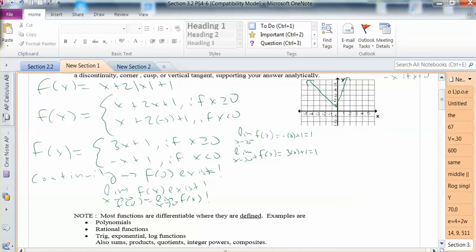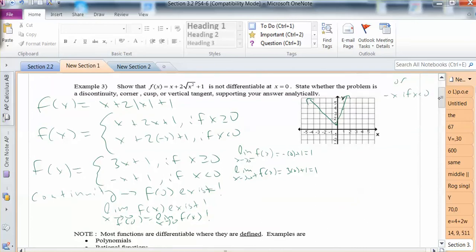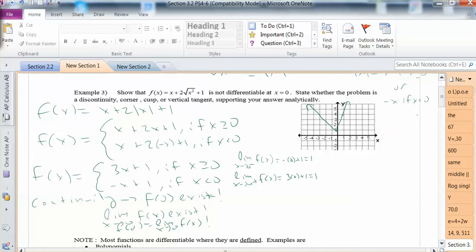Okay, so now how do we prove whether this is differentiable at x equals 0? Well, we do see a corner, which we talked about on the previous page of notes, so I think we pretty much know the answer to this question.